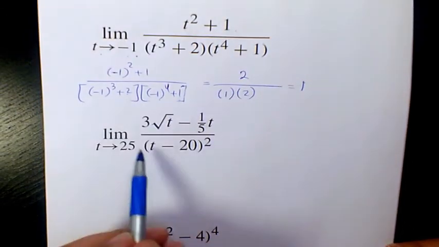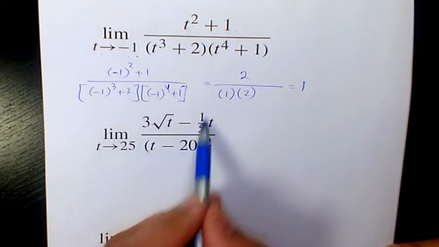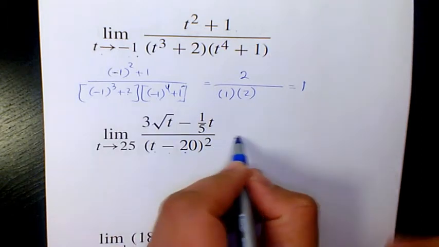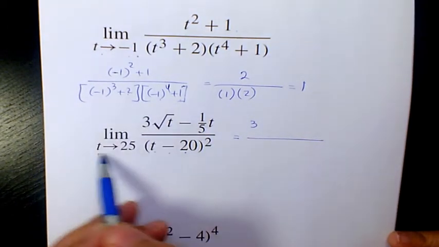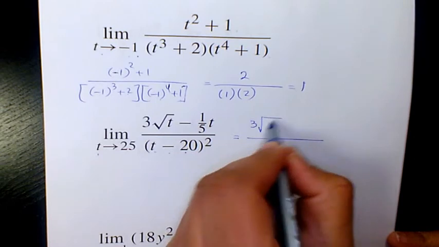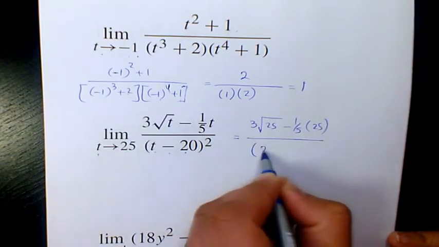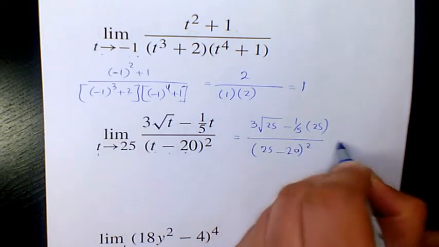Next example. 3 times square root of t minus 1 over 5t divided by t minus 20 to the power of 2. That's going to be when t approaches 25, 3 times square root of 25 minus 1 over 5 times 25, divided by 25 minus 20 to the power of 2.